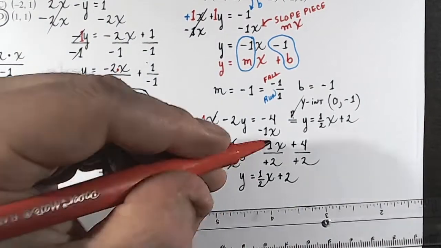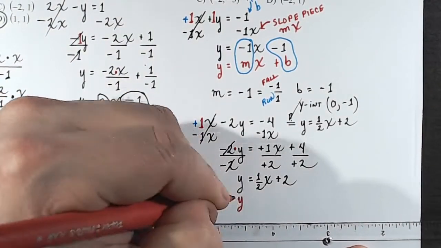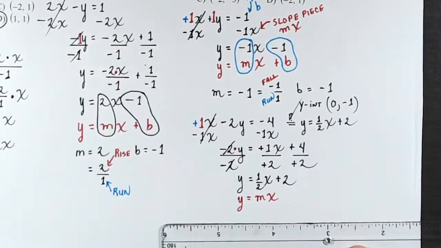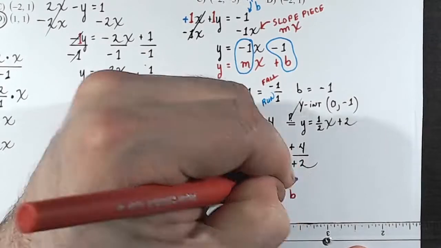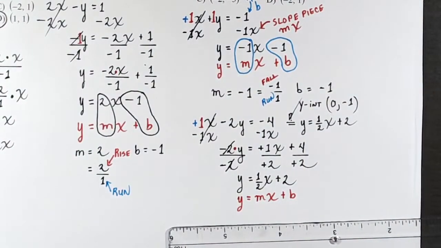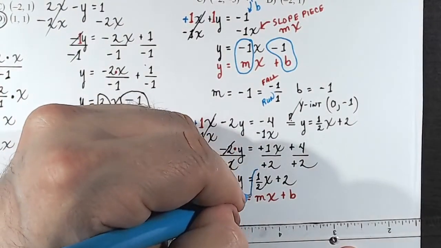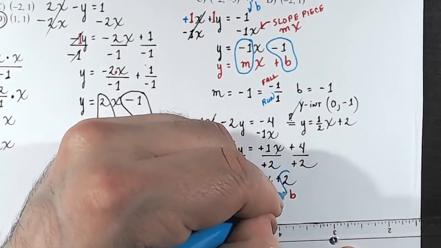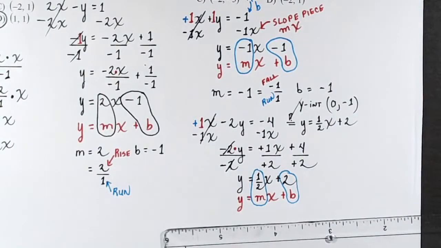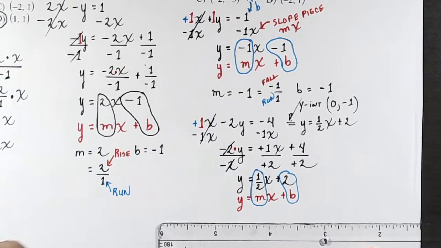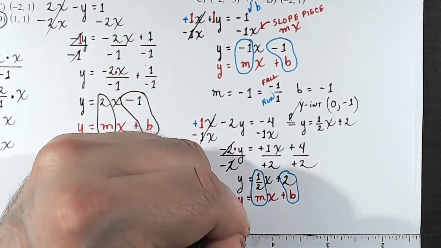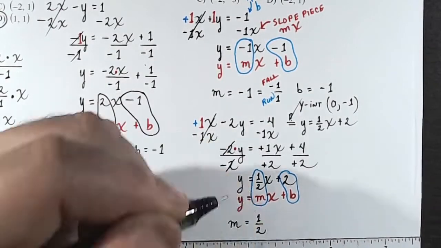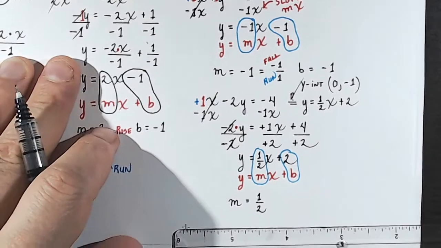The reason we want to write it like this instead of the way it was given to us is because now we can see the slope and we can see the y-intercept. We can read it. So we can circle the slope and we can circle that y-intercept. So my slope m equals 1 over 2. And it's already written in fraction form, so I don't have to worry about it.